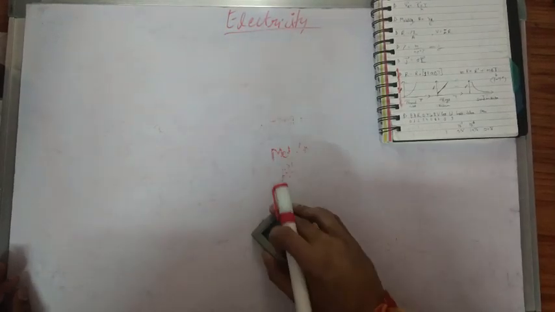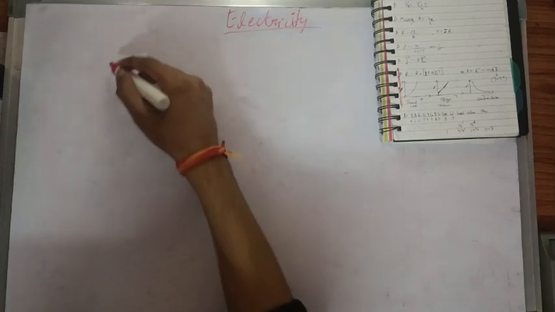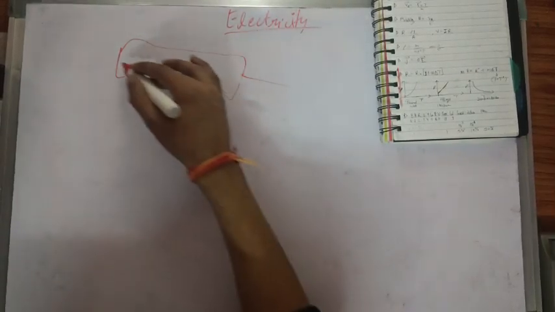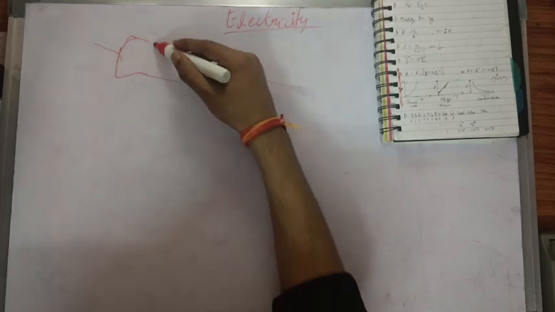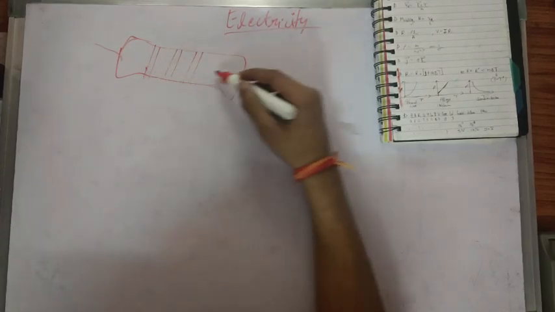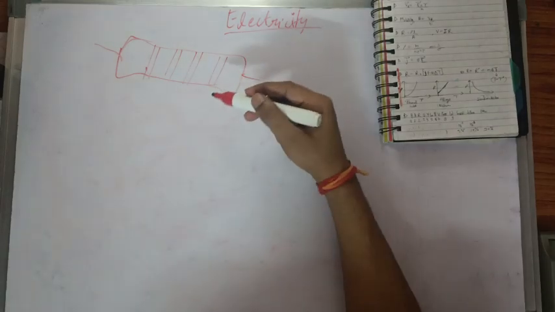Going ahead, how to read the resistance color code. Let's say we have seen that there are resistors like this, and they have some color strips which are called color codes.